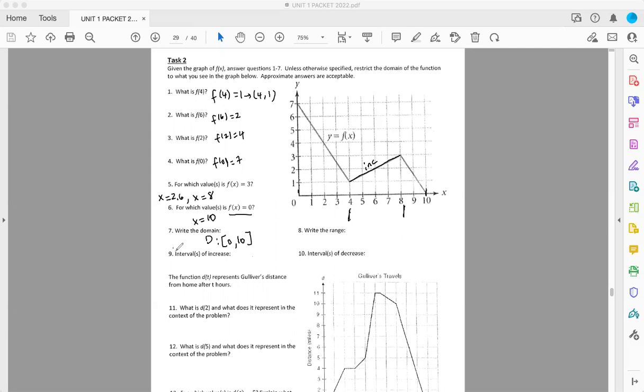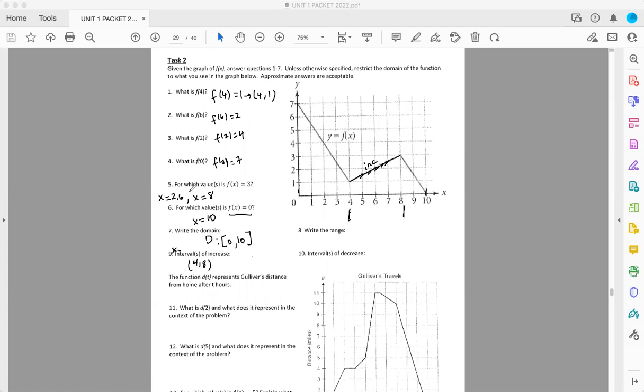And when they say interval, that's like x interval, okay? That's what they mean, x interval. From 4 to 8, the graph is going upward. So you can say 4, comma 8. Now, can you put brackets? Sure. But normally to say increase, we put them in parentheses. It's a common notation thing for intervals. Interval of increase and decrease, normally you put them in parentheses.